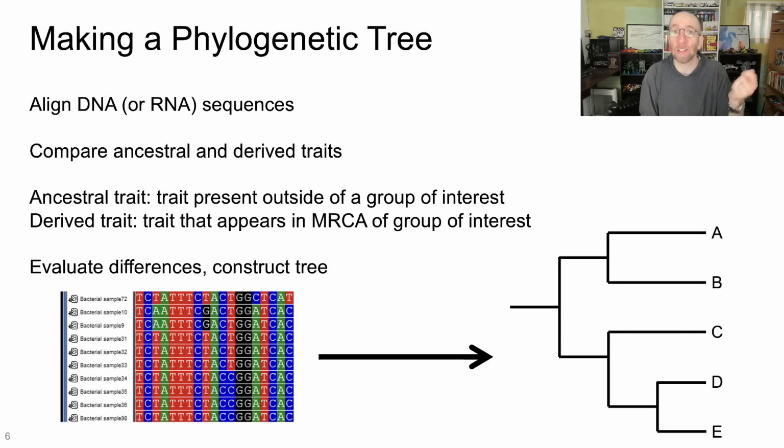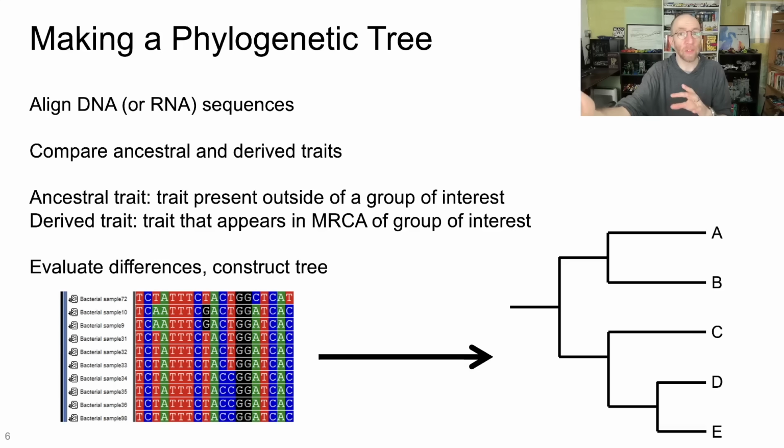A base, A, T, C, or G, that exists outside of whatever specific taxa it is that you're looking at. So you're looking at, let's say, for example, mammals, and at a place in the mammal genome, there's T, a thymine. Well, if you were to look at the reptiles and they have that same gene and there's a thymine at that particular site, then that's an ancestral trait, right? It exists outside of the group that you care about.